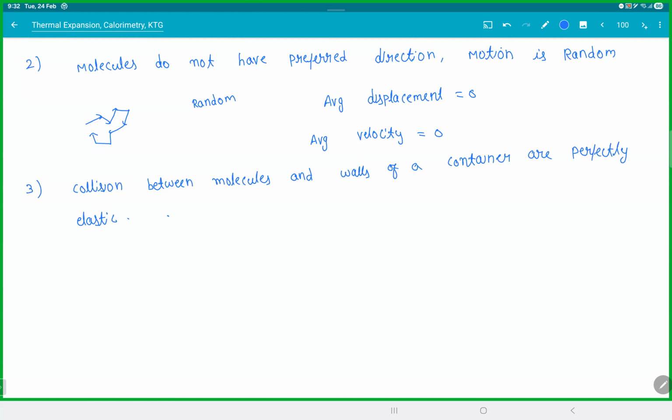In an ideal gas, there is no interaction between the molecules except during collision. So in an ideal gas, if there are two molecules, there is no van der Waals force between them. Only during collision, you can say there is a small repulsion between the nuclei and they just bounce off. Other than that, we assume there is no other interaction.